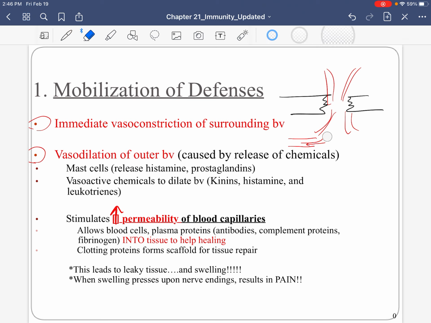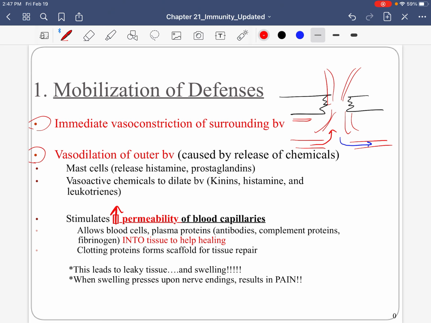Well, actually, I must be anatomically correct here. How can I sleep at night? Right, we have to have the outer blood vessels dilate to bring in good things and then to remove bad things. So the blood vessels that are right by it will constrict to prevent further bleeding. The outer blood vessels will dilate to bring in supplies, including some of those chemicals.